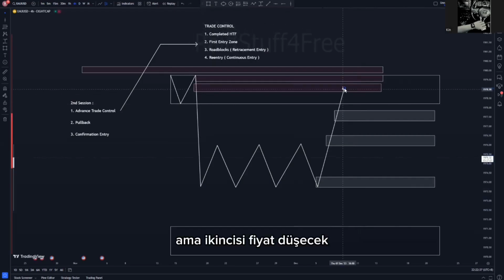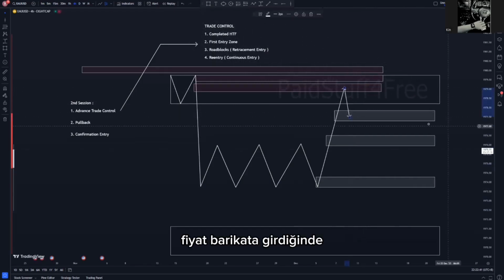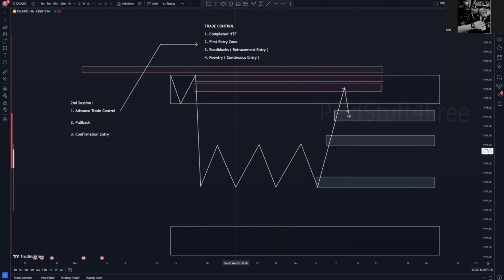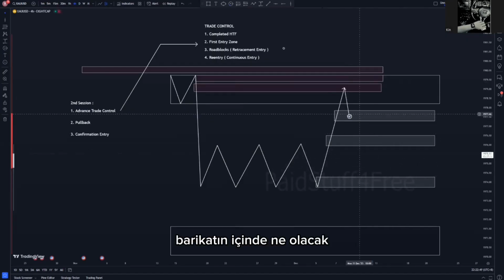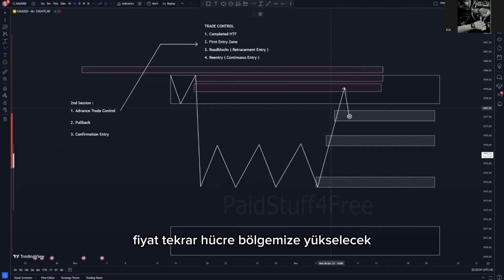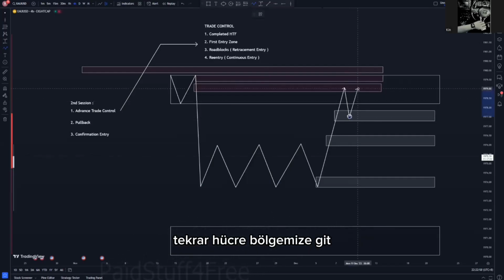But the second one, the price goes down and gets stuck at the roadblock, and when the price gets into the roadblock, there will be a confirmation entry. If there is a confirmation entry inside of the roadblock, the price is going to go up to our sell zone again.